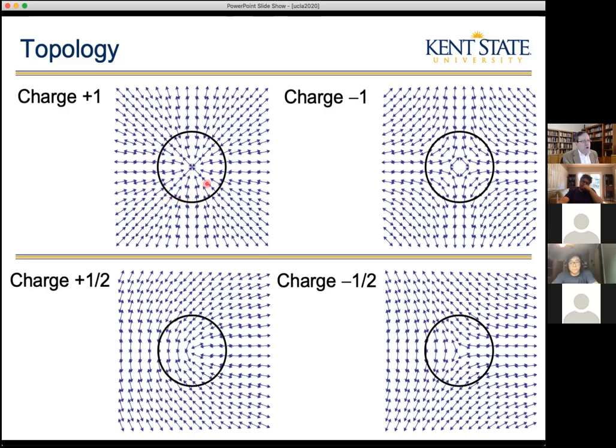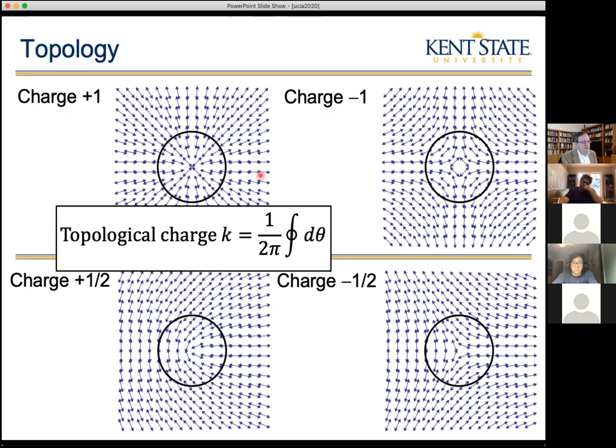Okay, and so because of that, we define a topological charge to be 1 over 2 pi times this integral of the change in angle. Okay, so this object that I'm showing you has a topological charge of +1.